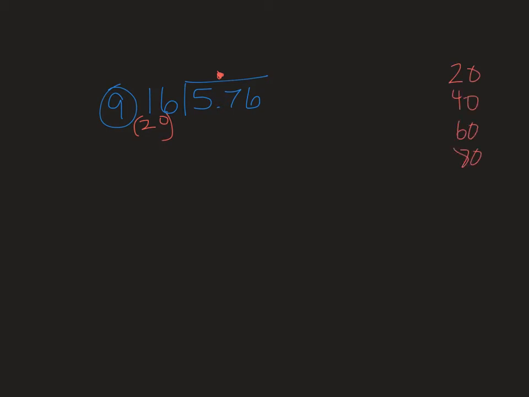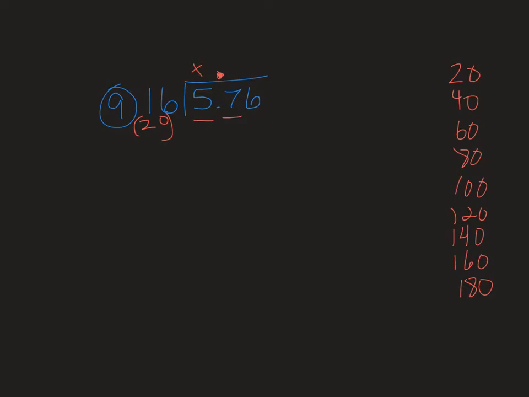So I'm going to set up a little estimation chart. I don't know how important it is for this one. If you've got another strategy you're using, then that is 100% okay. All right, I can't make any groups of 16 out of this 5, but I can out of this fake 57 that we have here.